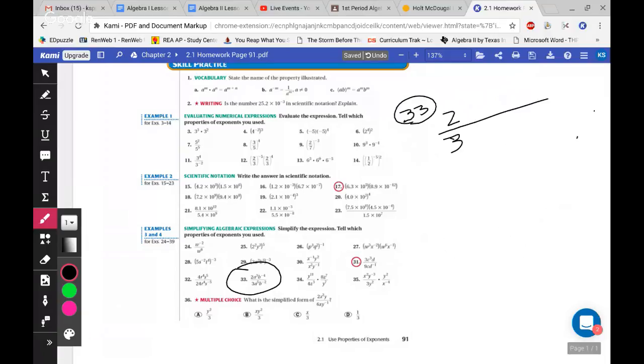And then you've got a to the third minus a to the fifth. So 3 minus 5 is -2. So it stays in the denominator because it turns out to be a negative.